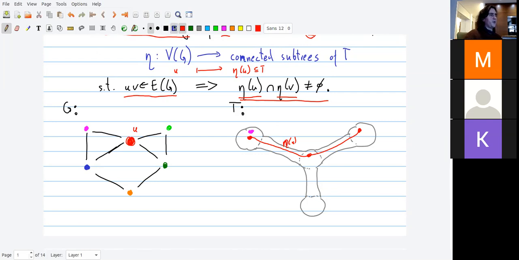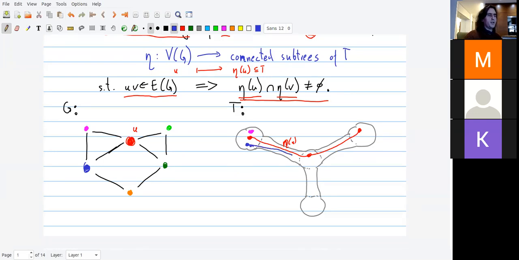Now the blue vertex here, I should put together in some node with the purple one, because there is an edge between the blue and the purple. So I should be here. But also, in the future, I will need to be together in some of the nodes with this orange one down there.